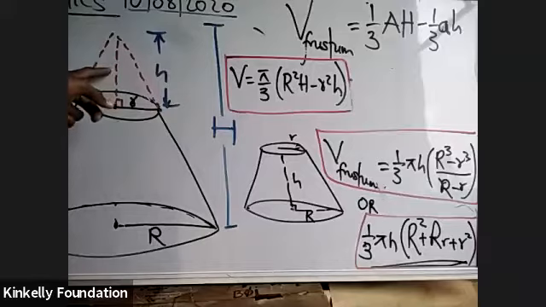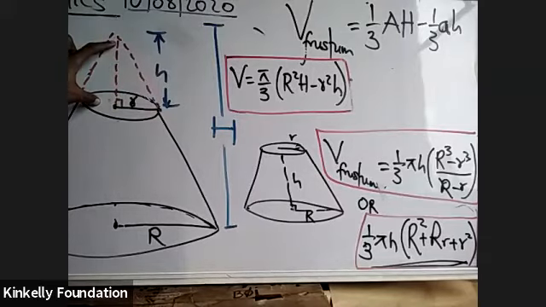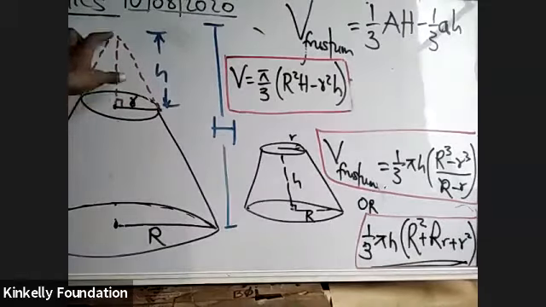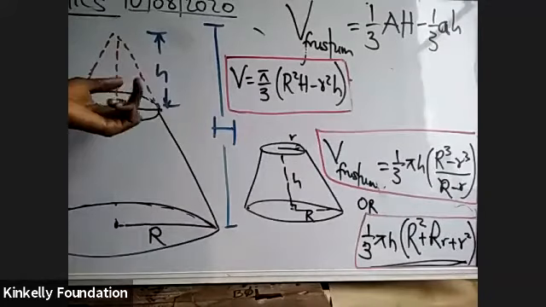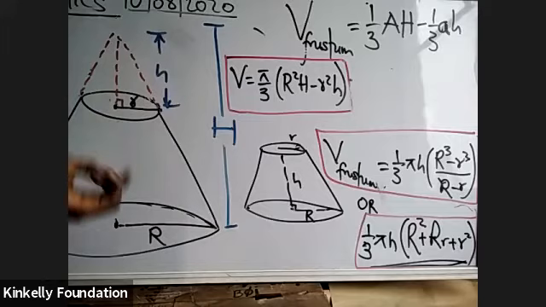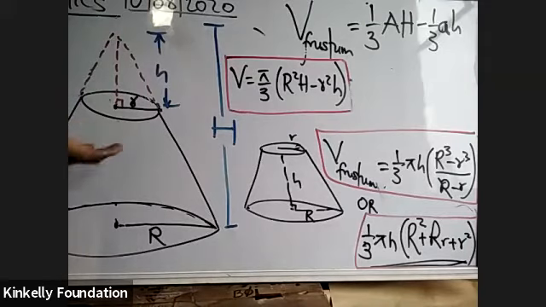You may know the height of the smaller cone and also the height of the bigger cone. You use the earlier formula. Most times you'll be asked to get the radius. There's what we call similar triangles. Use the similarity topic to get the corresponding radius and height, as the case may be.